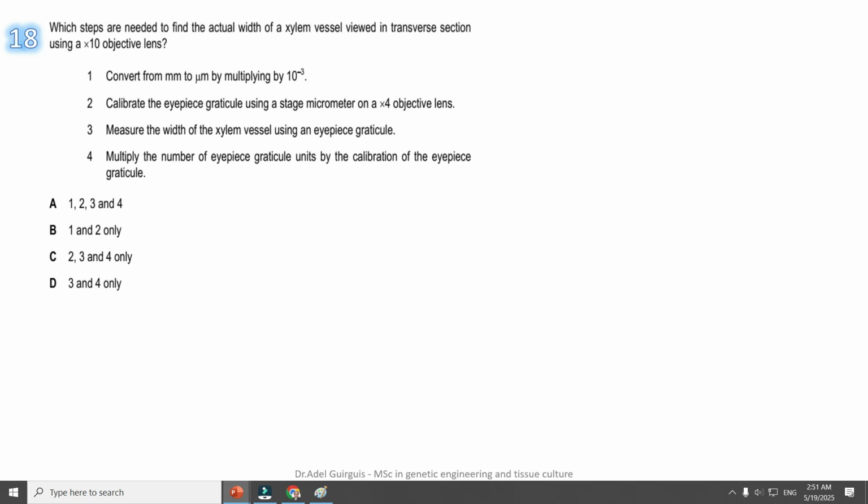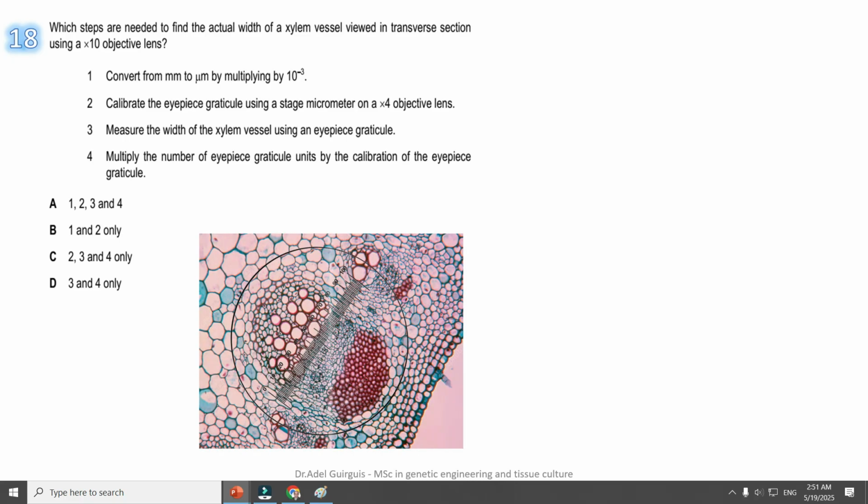Number 18. Which steps are needed to find the actual width of a xylem vessel viewed in transverse section using a 10x objective lens? Here, xylem vessels are found in a vascular bundle in a dicot stem. Look at this figure.